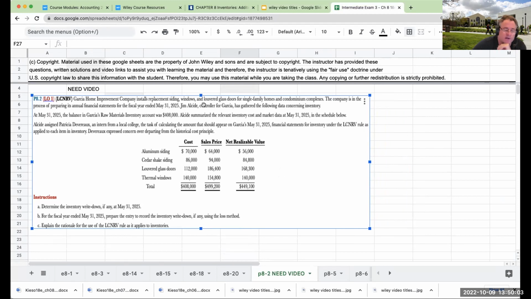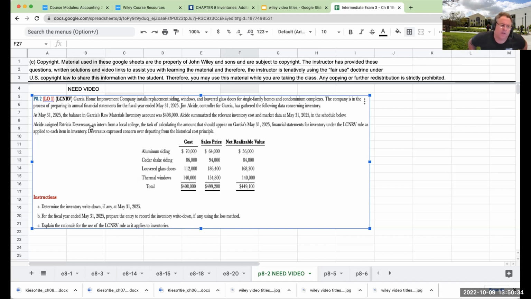The company is in the process of preparing its annual financial statements for the year ended May 31st, 2025. Jim, the controller for Garcia, has gathered the following data concerning inventory. The balance in the raw materials inventory account was $408,000: aluminum, cedar shake, louvered, and thermal. And then over here, relevant inventory cost and market data in the schedule below.